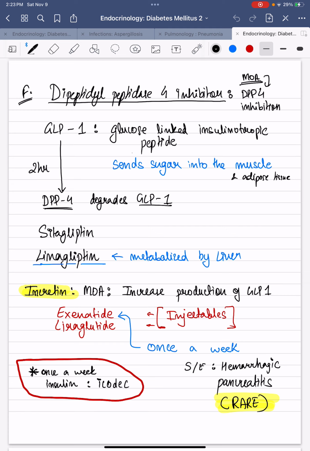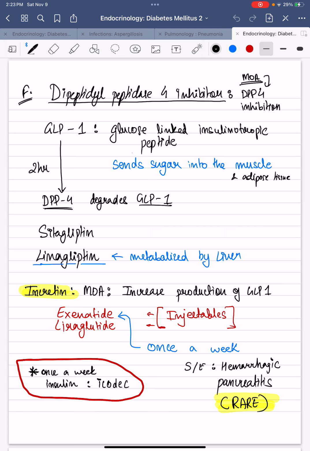So what happens is the DPP4, that is the enzyme dipeptidyl peptidase 4, is responsible for the degradation of GLP-1, which sends the sugar into the muscle. So we can realize that degradation of GLP-1 is not a good thing in diabetic patients, and DPP4 acts after 2 hours and it will degrade the GLP-1.